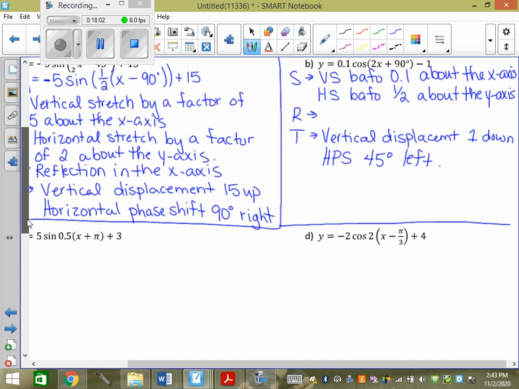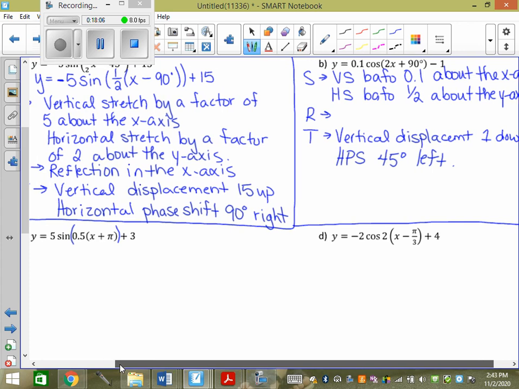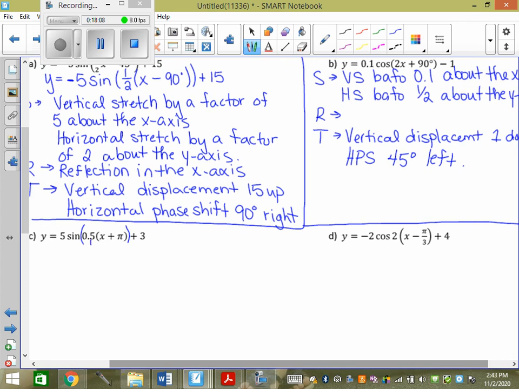Okay. This one already, the 0.5 is out. And 0.5 is just a half, correct? And a half is just 2. Right? So here we're going to have a vertical stretch by a factor of 5 about the x-axis.